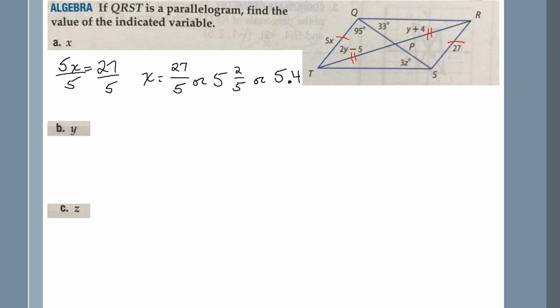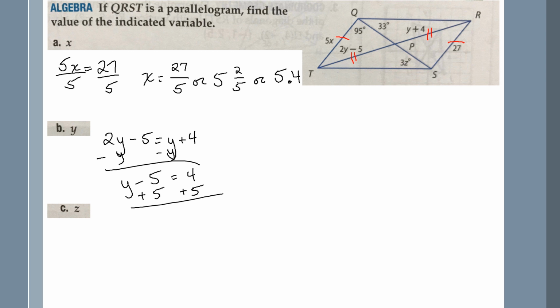We'd end up setting our equation as 2y minus 5 equals y plus 4. So we're going to subtract y from each side and end up with y minus 5 equals 4. And then I'm going to add 5 to each side, and that takes me over here to find out that y is equal to 9.